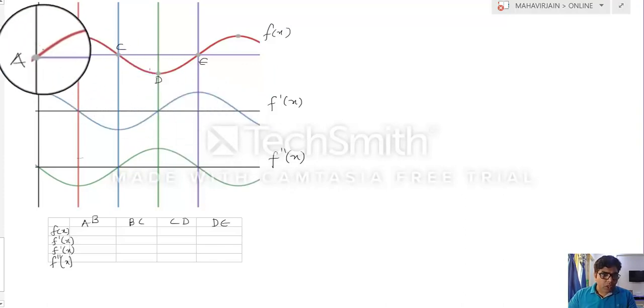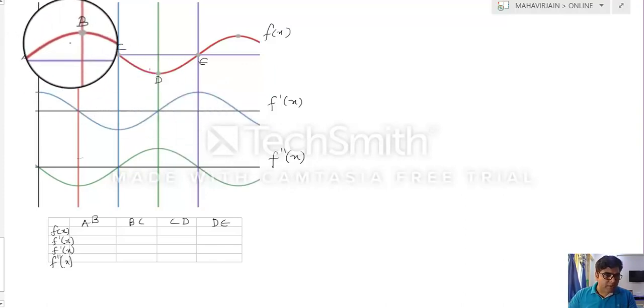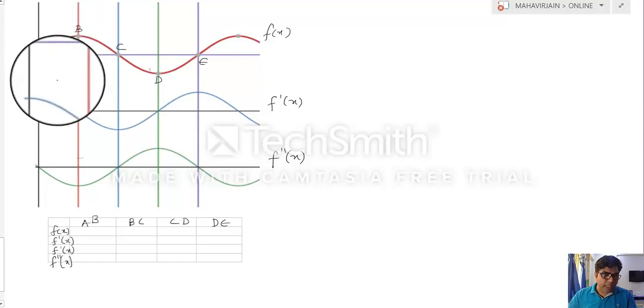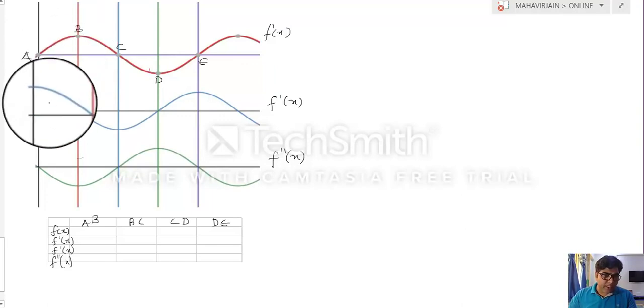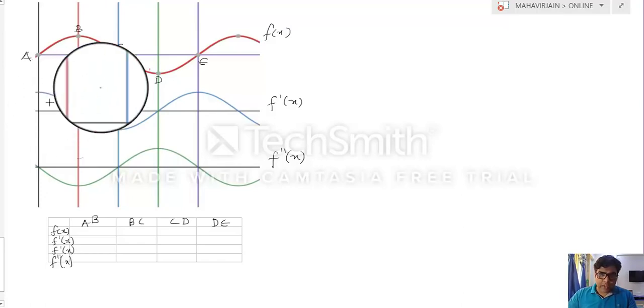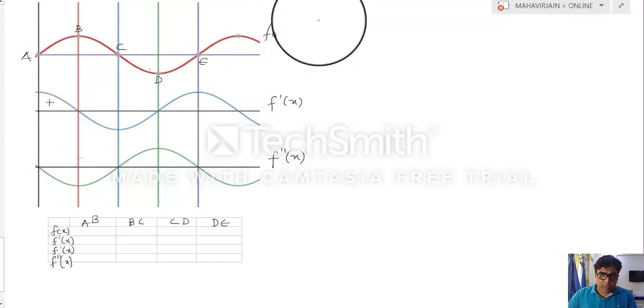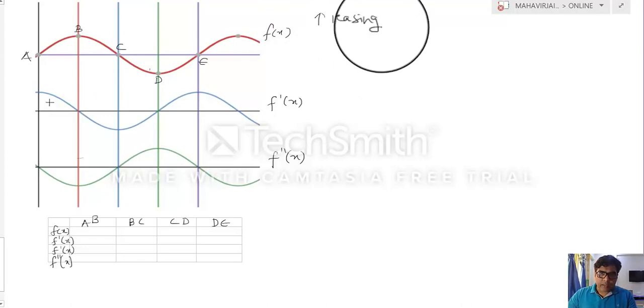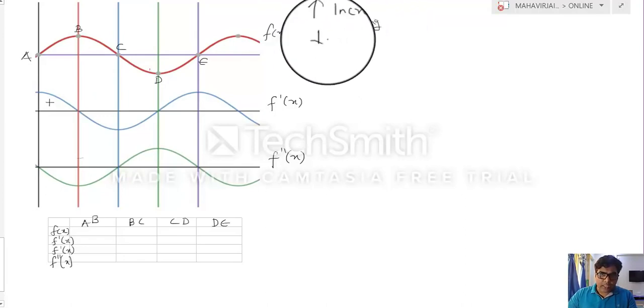Now, for the curve AB, we've understood the curve is increasing. Hence, the derivative is positive. Here, I will mention this symbol for increasing, and this for decreasing.